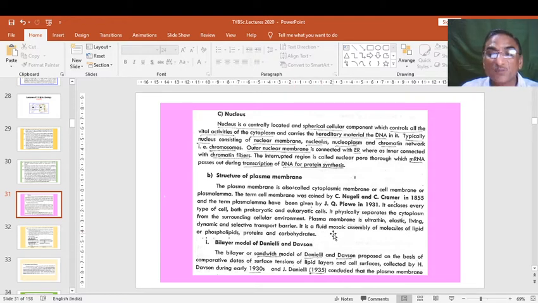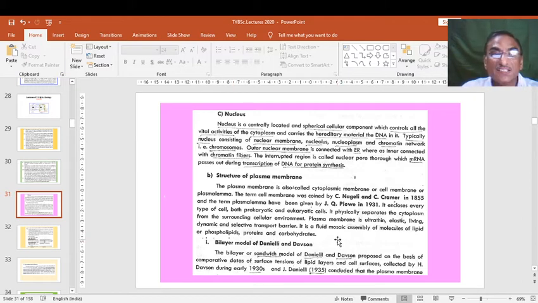It is a fluid mosaic assembly of molecules of lipids or phospholipids, proteins, and carbohydrates. So they are not just binding but also supporting, surrounding, and acting as barriers for the selective transport of material through the membrane.